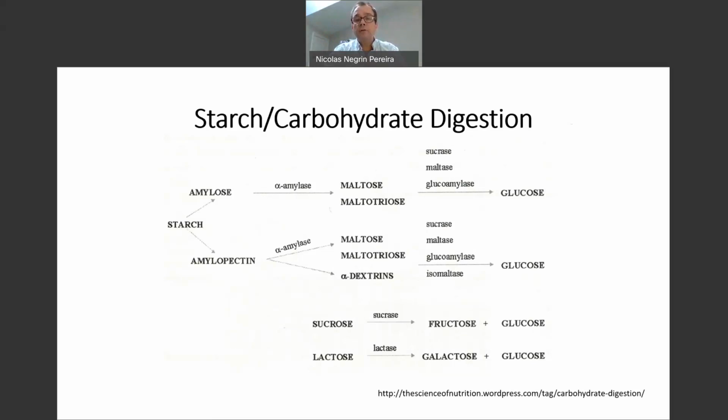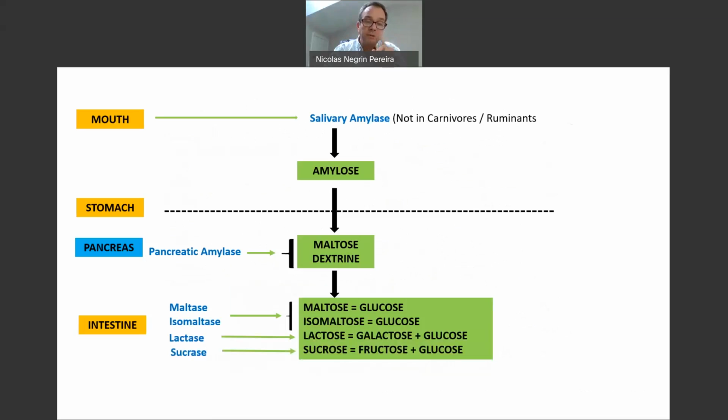And then we have the action of sucrase, maltase, and glucoamylase producing glucose units. And the same in the case of sucrose, by the action of sucrase giving us fructose and glucose, and lactose by lactase giving us galactose and glucose. And remember, and this is important, that maltase, isomaltase, lactase, and sucrase are produced by the intestine.